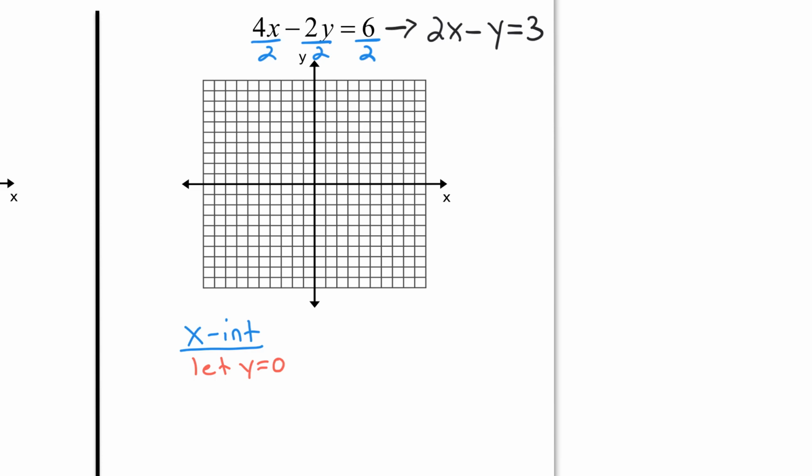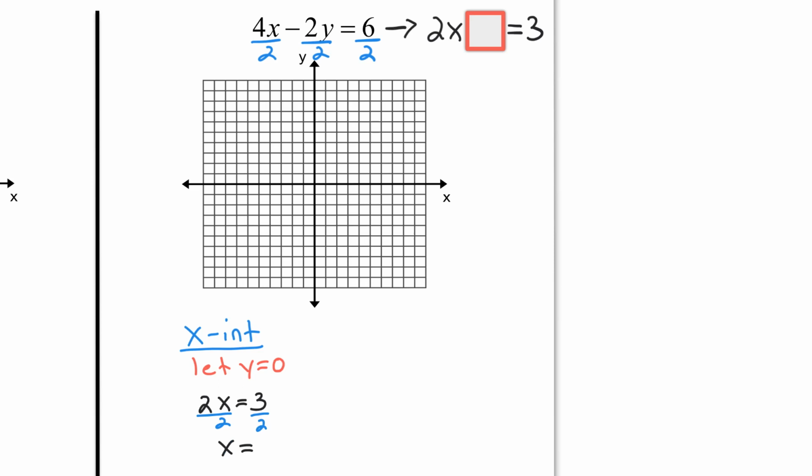So you can cover up the y just like this, right there in the equation. Notice what we have. We have 2x equal to 3. So all you have to write down is 2x equal to 3. You divide by 2 to solve for x.